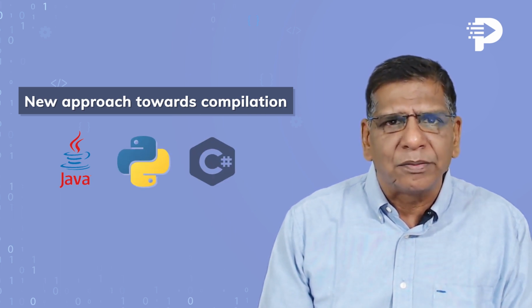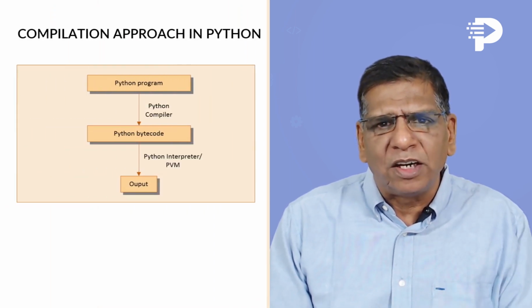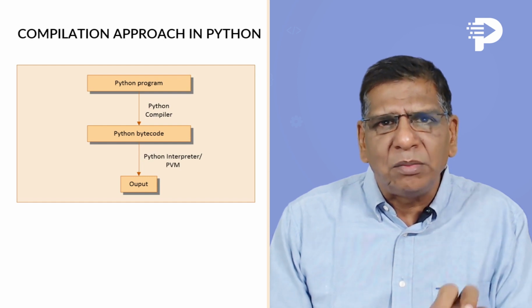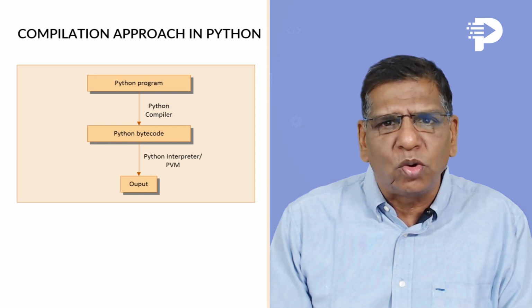So let's understand this approach. What is done here is the program that we write is not immediately converted into machine language instructions. Instead, the program gets converted into intermediate language instructions, which is often known as byte code.